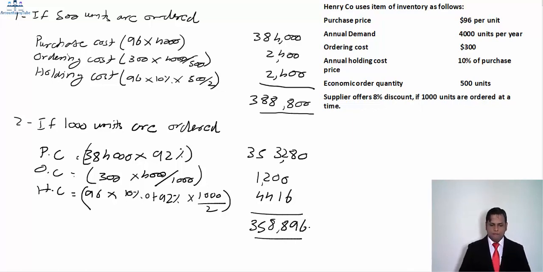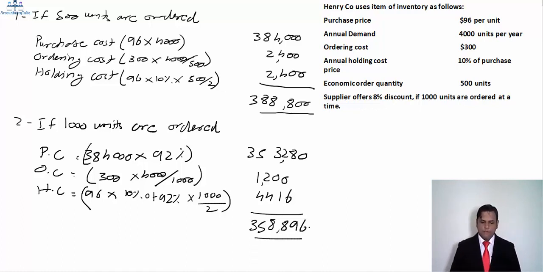As you can see from the example, our cost is reduced if we go with the discount, because ignoring the discount, our cost becomes 388,800, and with a discount our cost becomes 358,896.